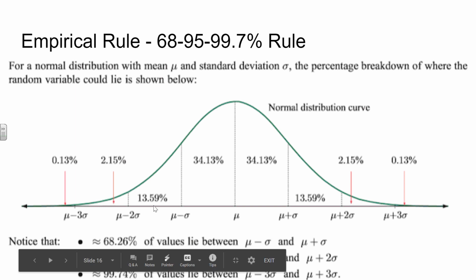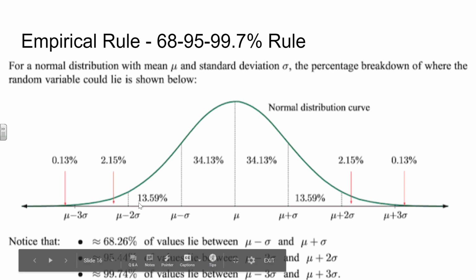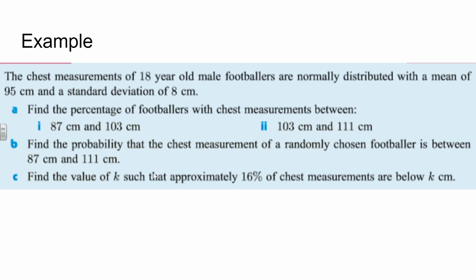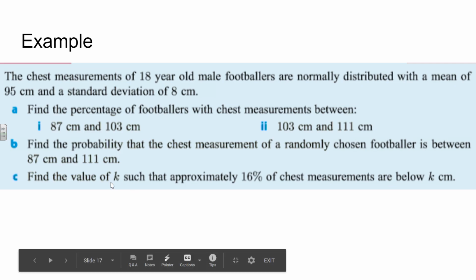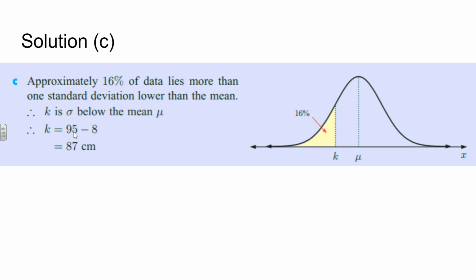And here's 13.59%, and if I add that together, that's pretty much 16%. I mean, it's slightly less, but not too big a deal. So where are we at this point? We're talking about one standard deviation below the mean, and I have 16% of the observations below it. So to answer this question, find the value of K. K is just going to be one standard deviation below the mean, so it's 95 minus 8, or 87 centimeters.